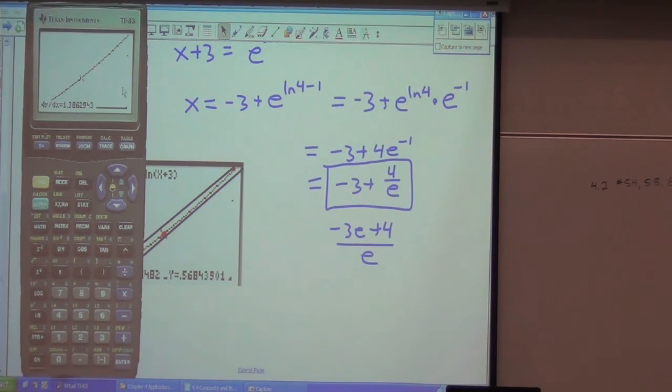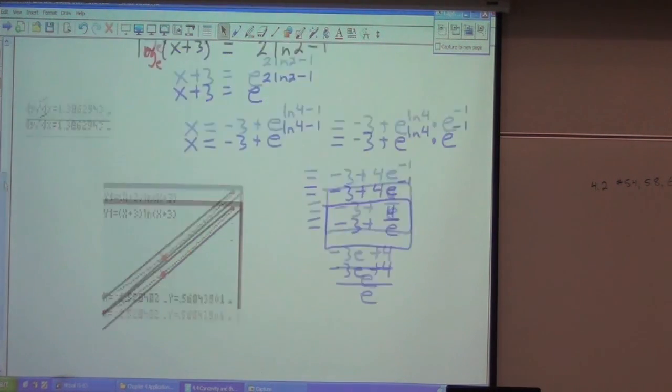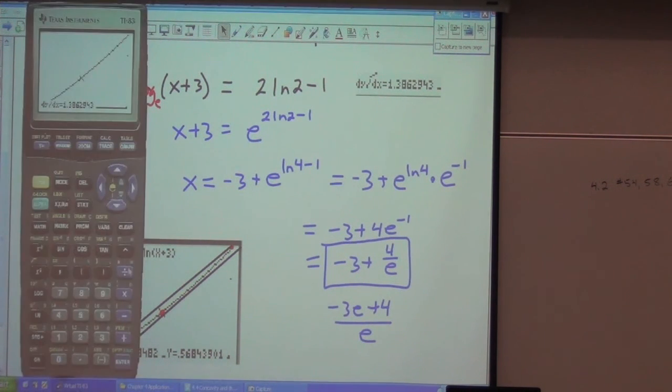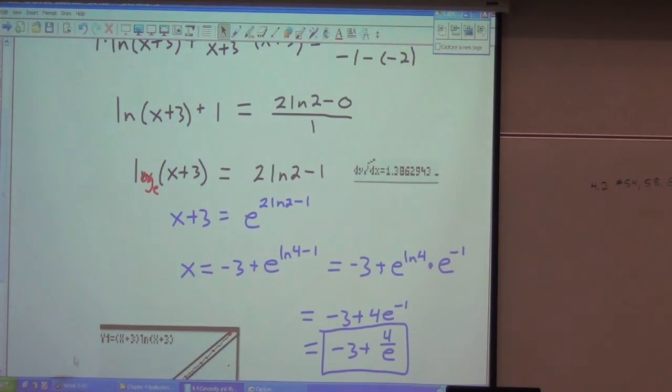The derivative is 1 point 38. I wonder if that's the same thing as 2 natural log of 2. Because that's what we got when we found the average rate of change right there.